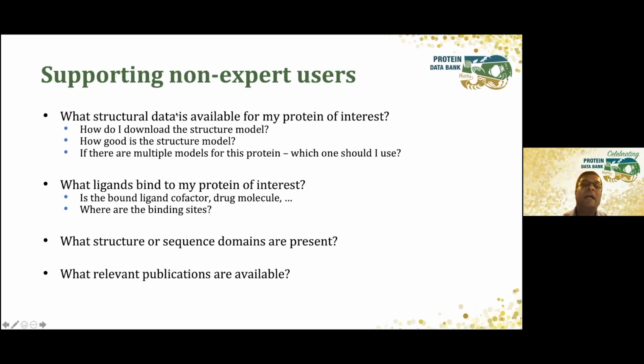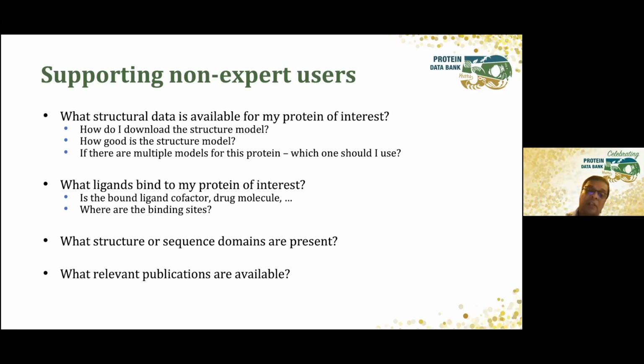And they may be as simple as what structural data is available for a given protein, and how can you download it? And this question was actually asked in one of the previous presentations. If there are multiple models, how do you choose one of them? Or are there ligands that bind the protein? Are they cofactors, drug molecules? Where are they binding, etc.?